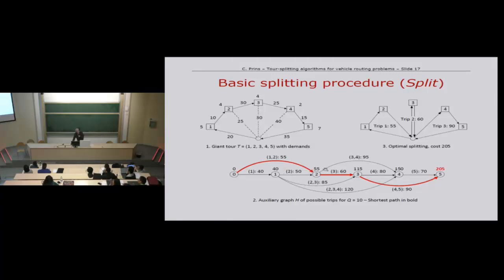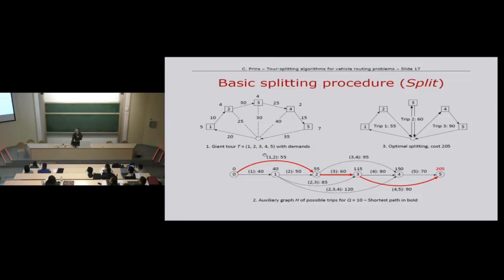Then you put the arcs for the trips of two customers. So this arc models the trip visiting customers 1 and 2. And you see that the cost would be 20 plus 10 plus 25, so 55. So you put, in fact, all the subsequences of the giant tour which correspond to a feasible trip, and they are included as arcs in the auxiliary graph.